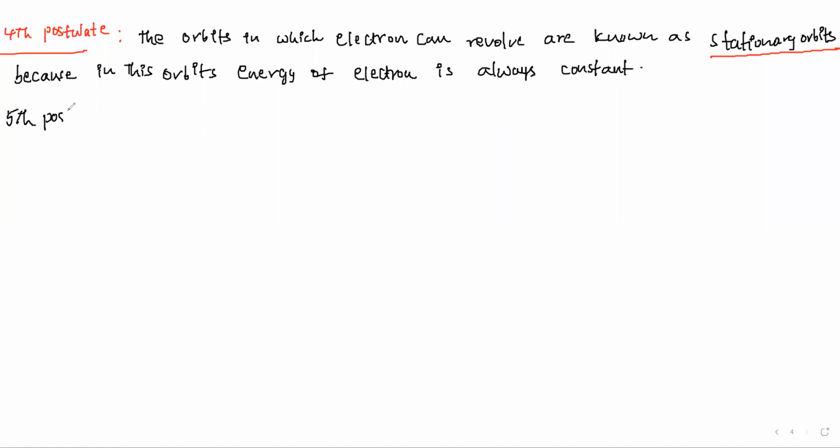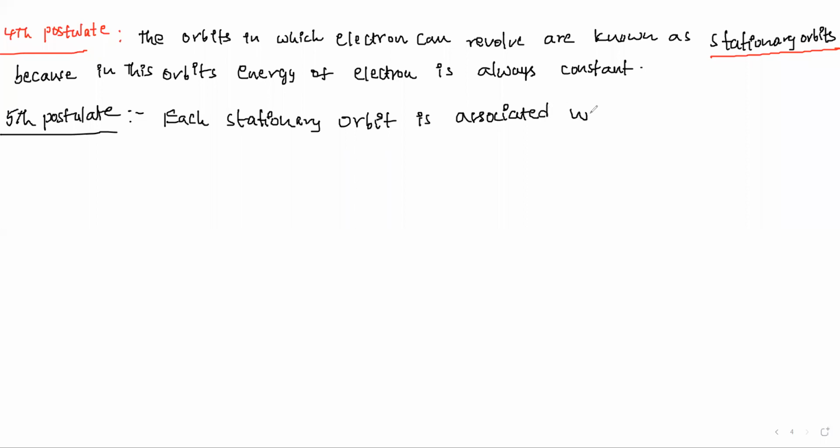Okay, and next, the fifth postulate. Each stationary orbit is associated with a definite amount of energy.